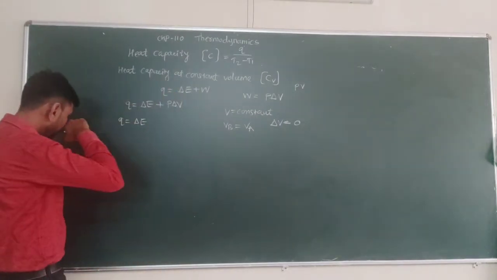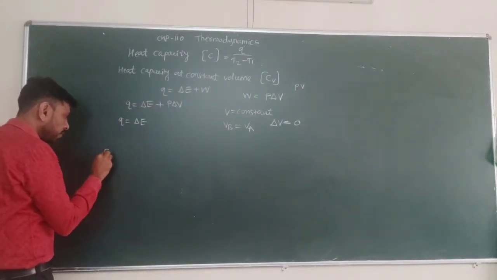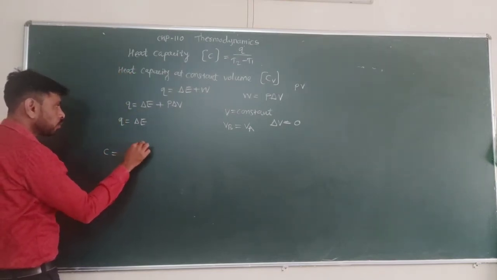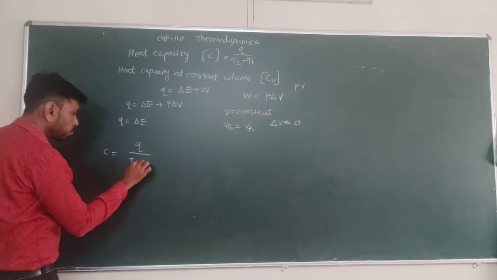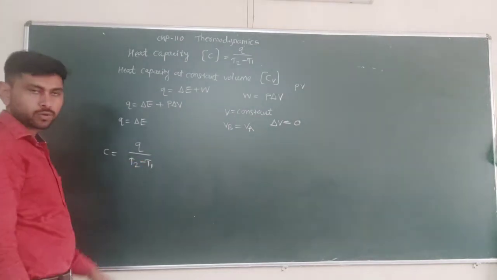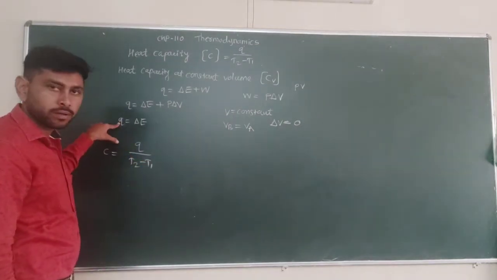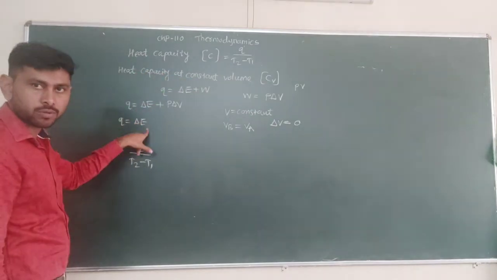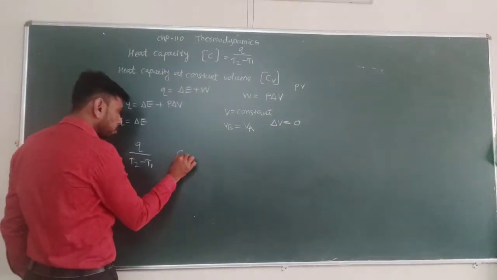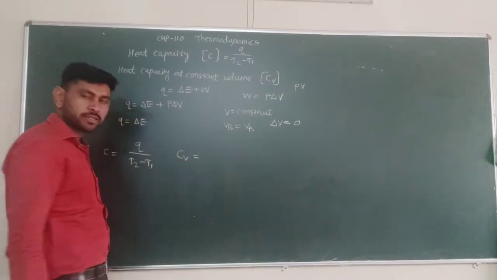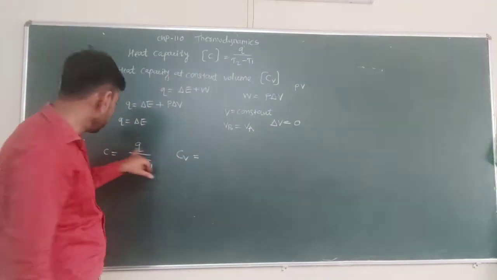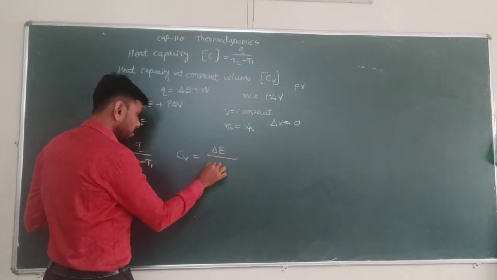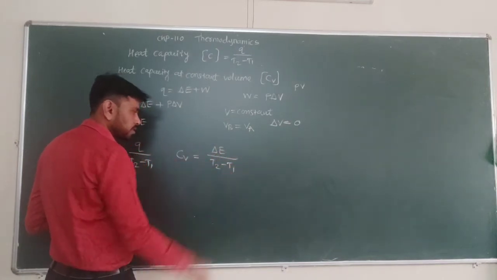Now if we see the definition of heat capacity, the mathematical expression is C is equal to Q upon T2 minus T1. What is the value of Q at constant volume? The value of Q is equal to delta E. So at constant volume, heat capacity is represented as CV equal to delta E upon T2 minus T1.